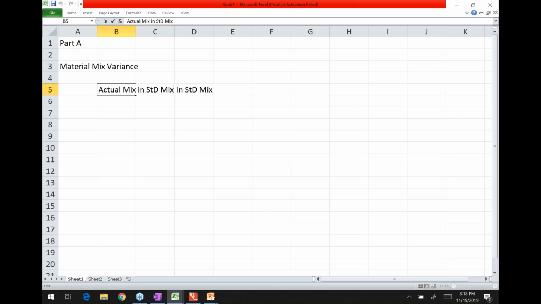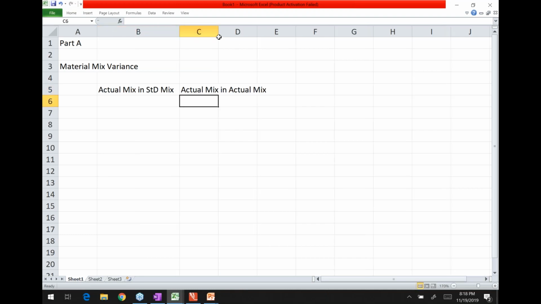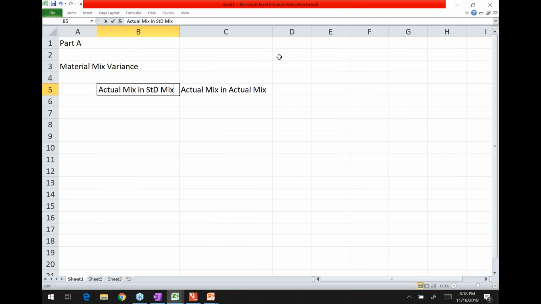I think it's a big sin if you do, because you are provided with the spreadsheet luxury. Please use that spreadsheet, because you won't get marks otherwise. So it's important if you need marks. So it's actual input in standard mix.